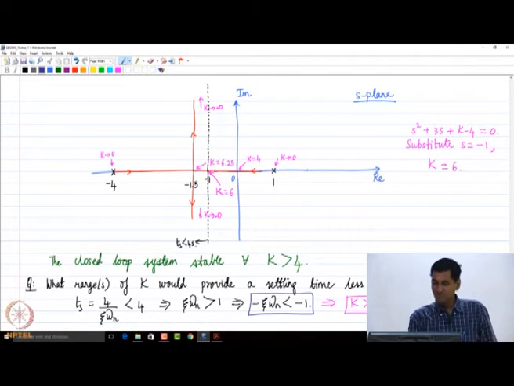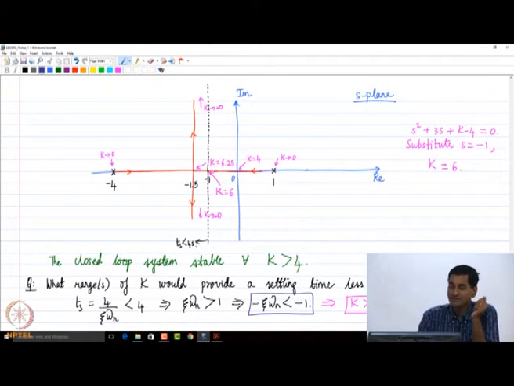Please note another interesting thing about the root locus: the plot doesn't scale linearly with K. As we construct more examples, you will see that to travel what we think is a very large distance, the change in K would be relatively small. Sometimes, in another example, you will see that in a very finite distance, K would go from 0 to infinity. It depends on the problem, so it doesn't scale linearly as you vary K.